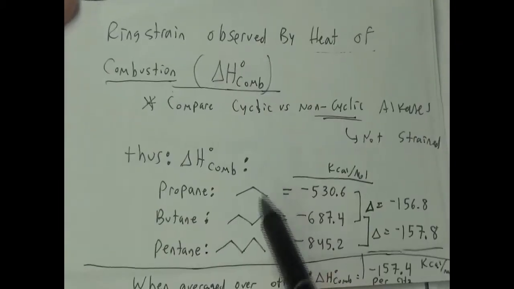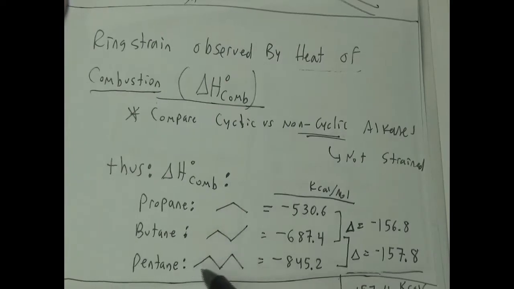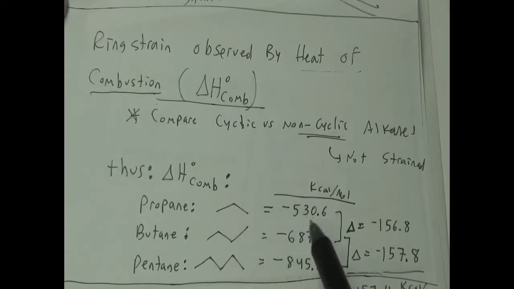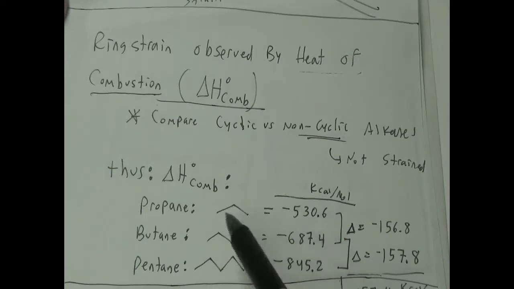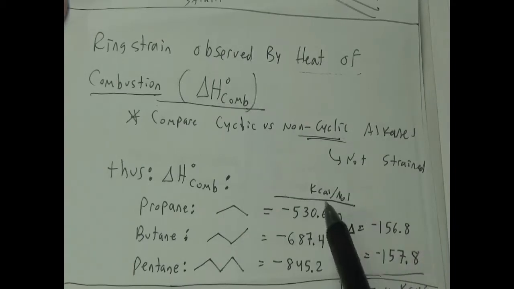What we did is we looked at a series of alkanes, in this case just propane, butane, pentane, but you can do this over a long series of alkanes, and you burn or combust the molecules, right? And then you look at the difference in heat of combustion between propane, butane, pentane, and the difference is all around 157 or so kilocalories per mole.